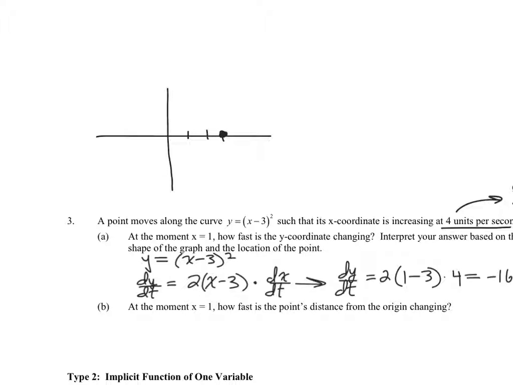My y-intercept would be 9, right? That's something like this. At the moment x equals 1, and 1 corresponds to 4, right? It's talking about the distance from the origin.